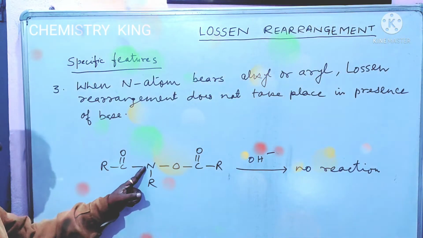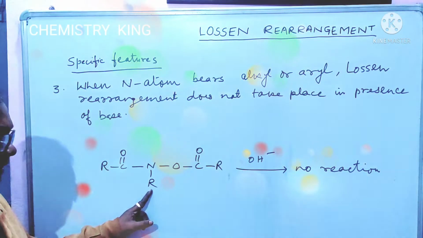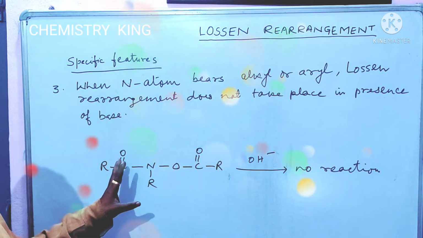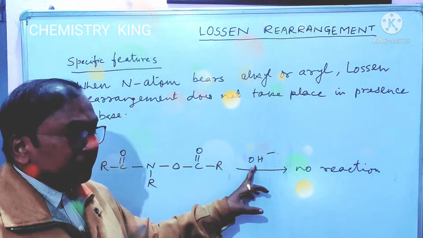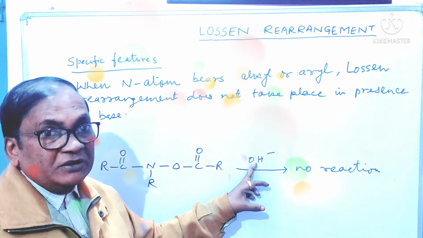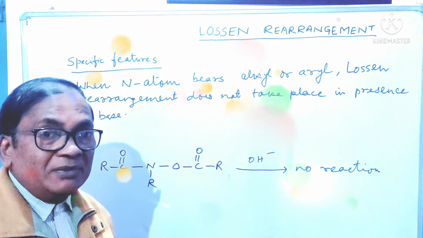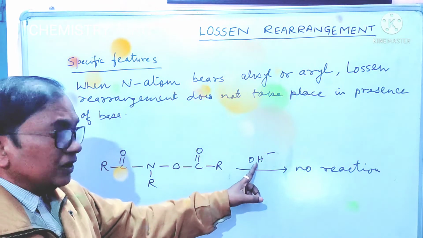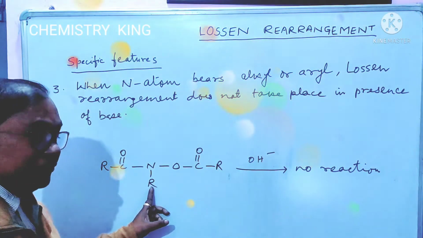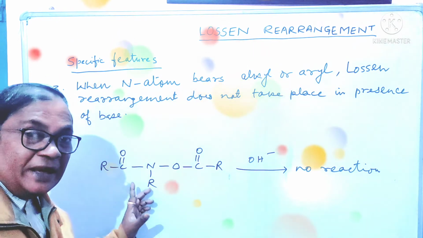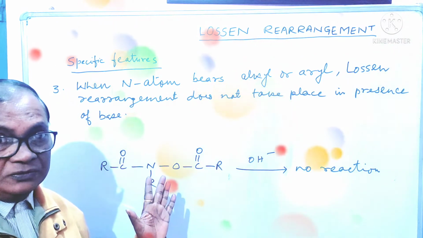When the nitrogen atom bears an alkyl group or aryl group, then Lossen rearrangement does not take place in presence of base. Because from the mechanism it is very much clear that this base will abstract hydrogen from here. Only then the reaction starts.